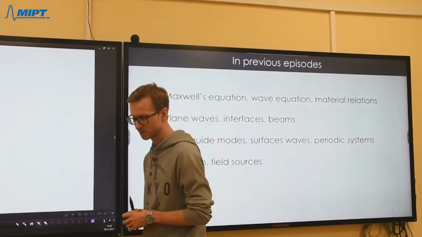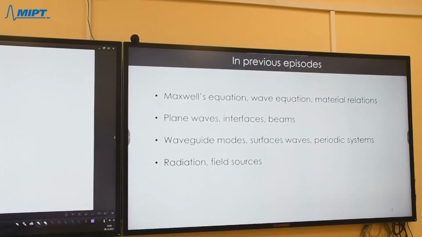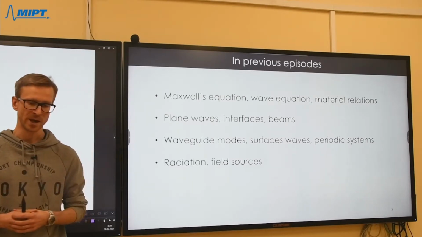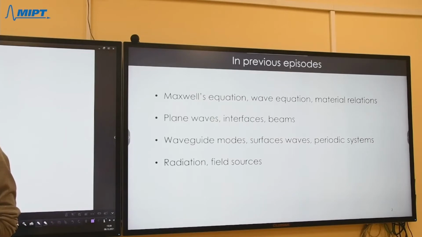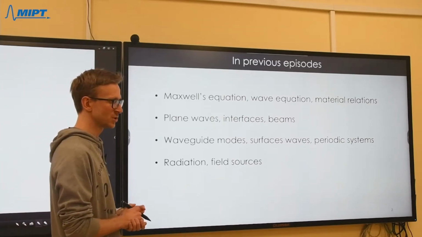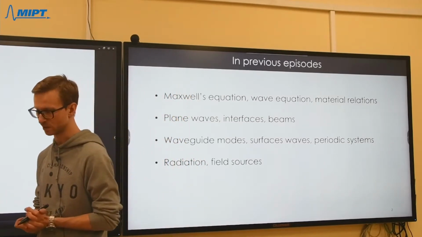Then we discussed the class of waveguide structures and wave propagation in periodic systems. And lastly, in the last 3 lectures, we've been looking at various radiation problems, including sources in free space and sources near interfaces. And last week, we finished with the concepts of density of states and Purcell factor.